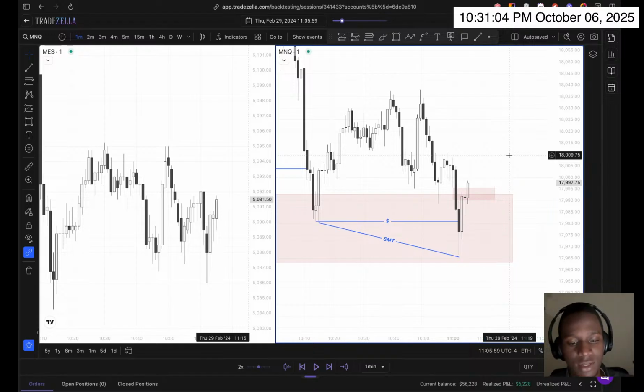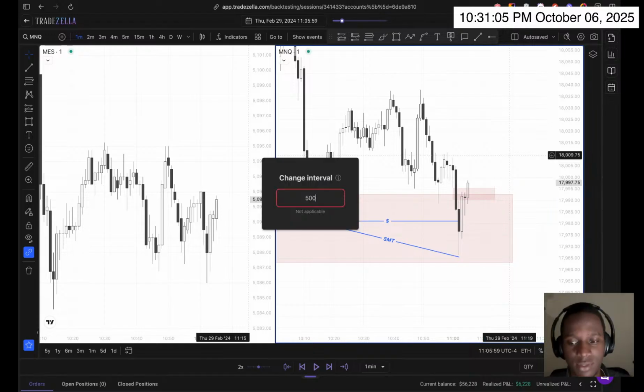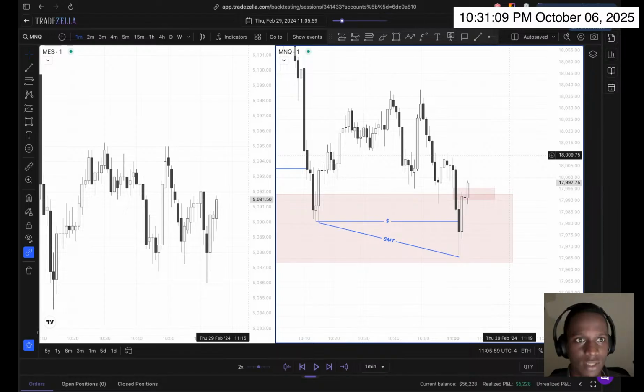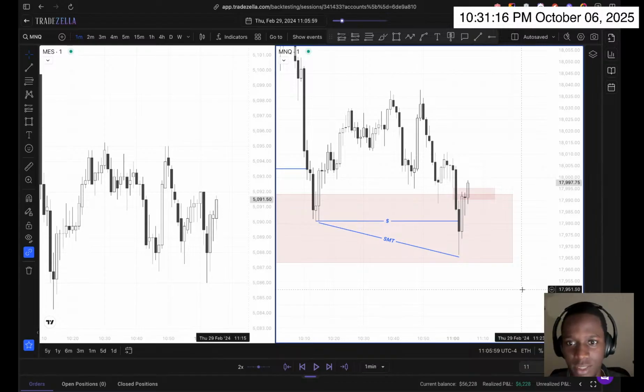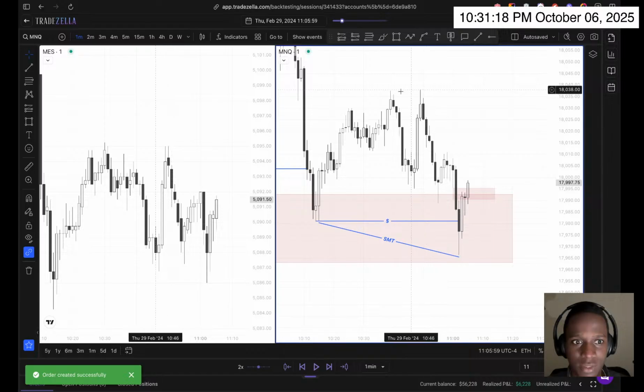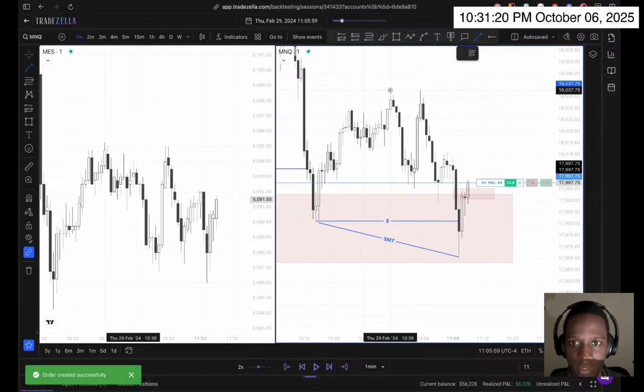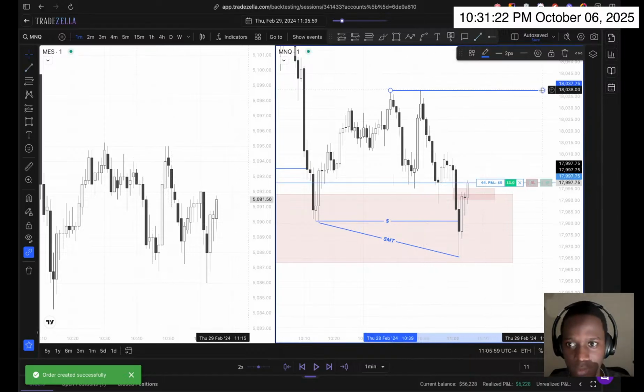This will be like 23 handles. So that's 500 over 46, that's 10, close to 11, 10.6, it's like 11. So buy it. My take profit will be at these relatively equal highs here.